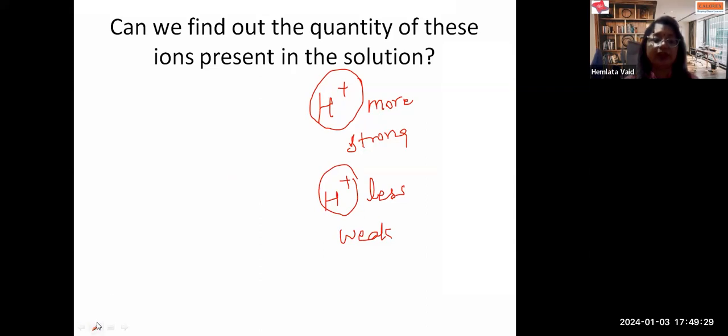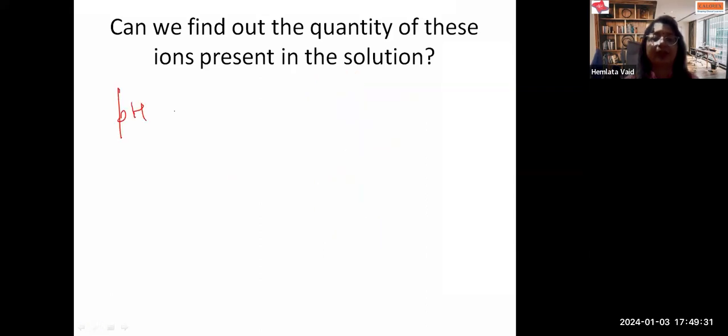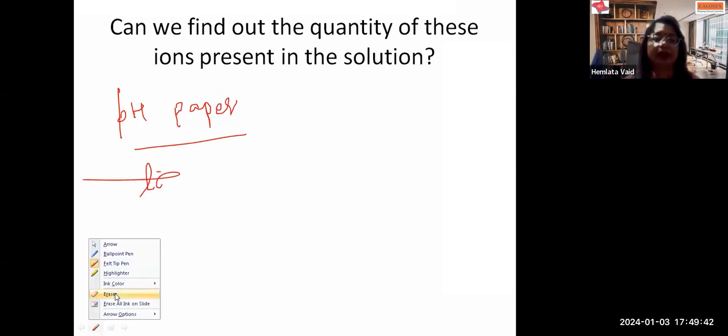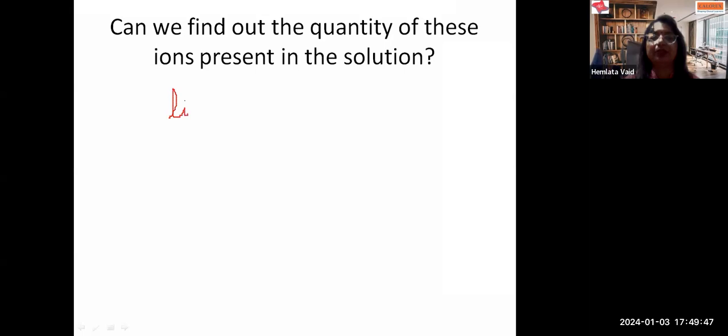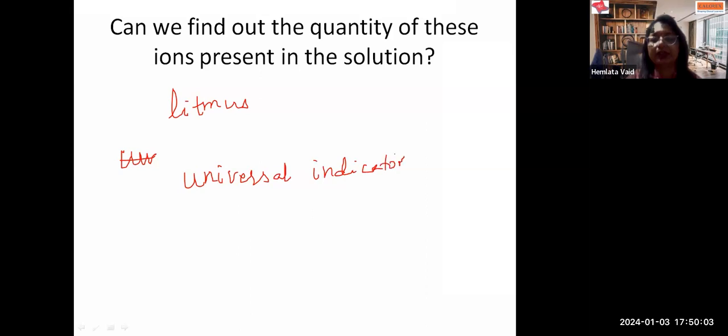So we can take the help of a pH paper. pH paper is just like litmus paper, but to make litmus paper, you need litmus solution. Here you need a universal indicator. Let me write it here. Universal indicator. Now, universal indicator is the mixture of all indicators.